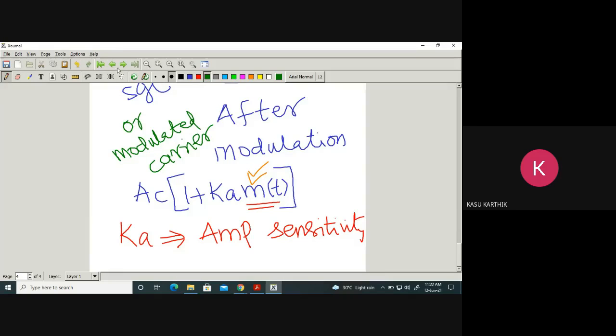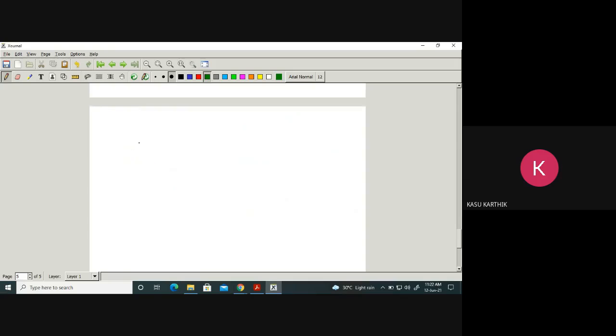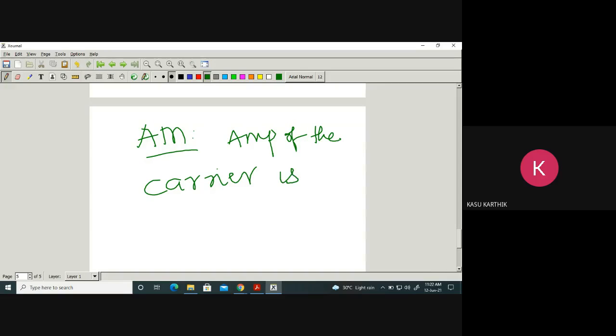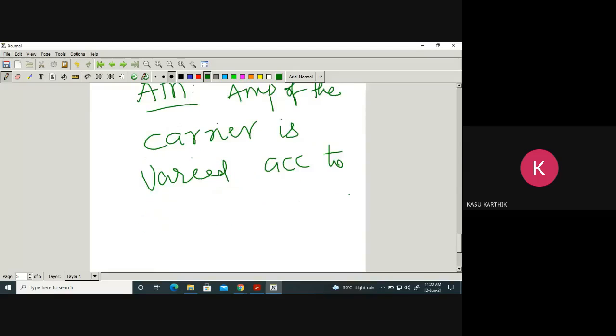So in amplitude modulation, what happens? The amplitude of the carrier is varied according to, please remember, the amplitude of the message signal m of t. This is very, very important.